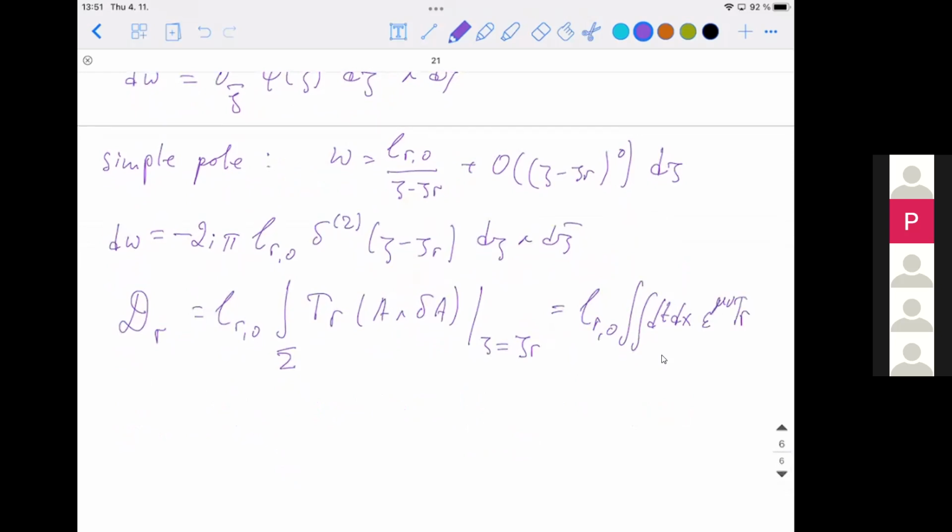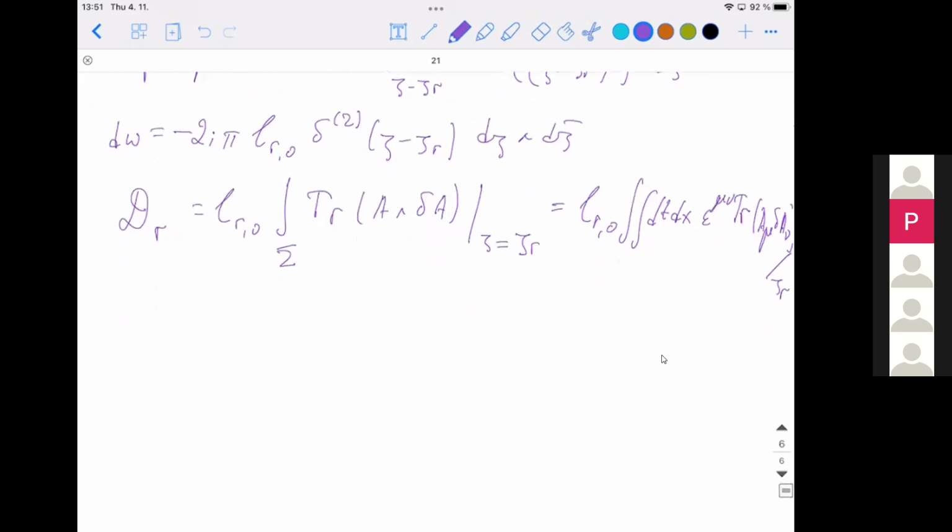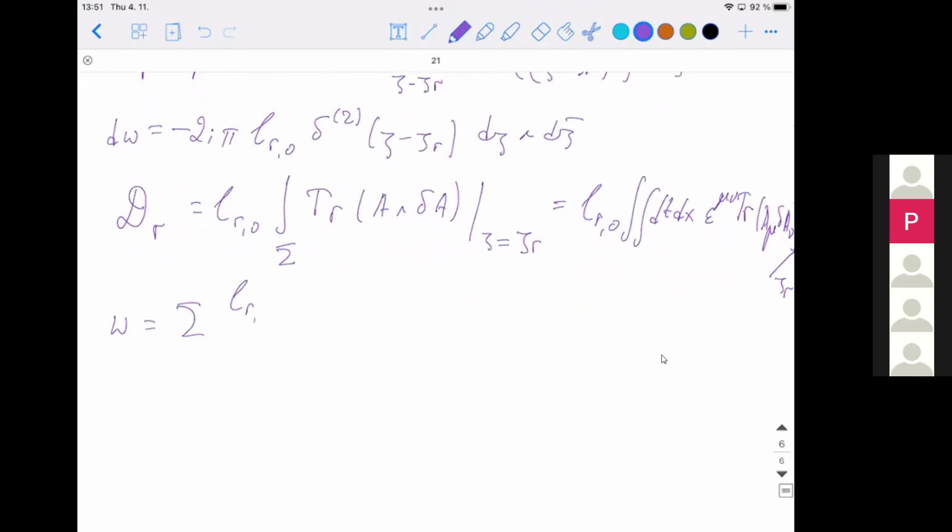Nu trace A nu delta A on zeta M. So, well, if you have higher order poles, then maybe let's just write it like this.